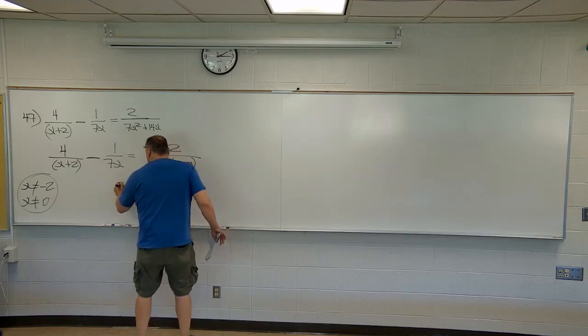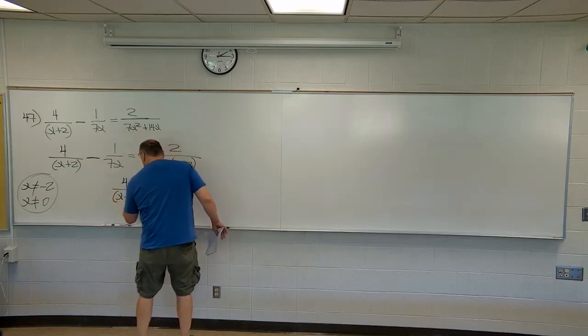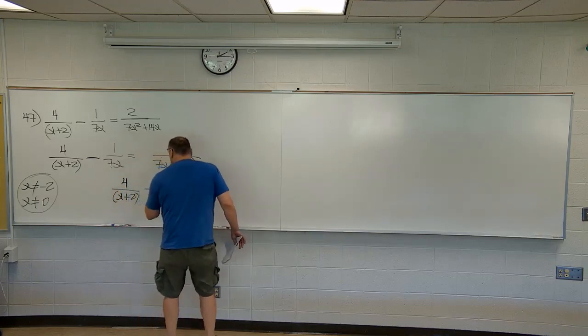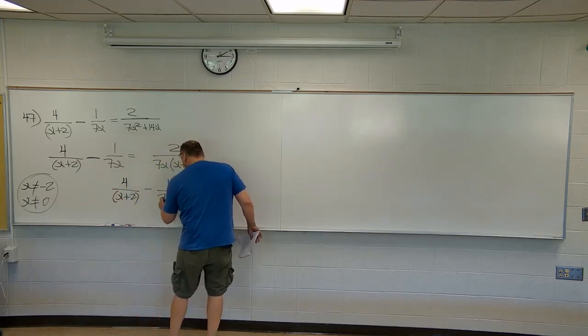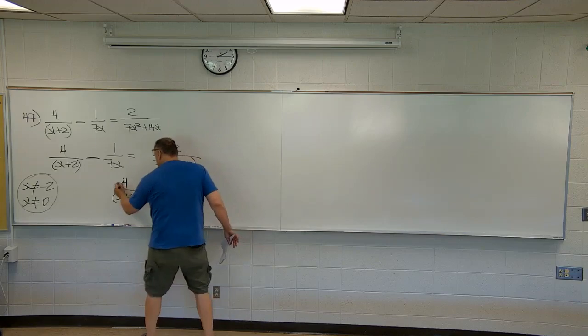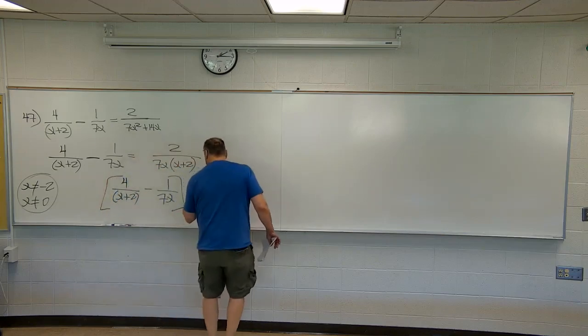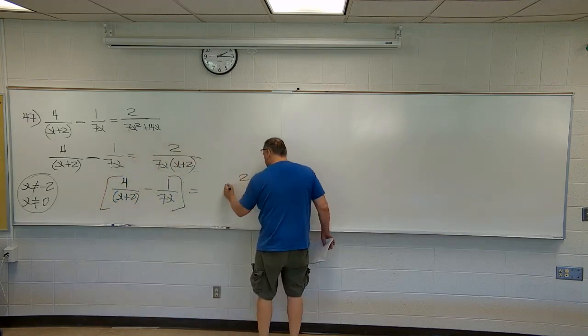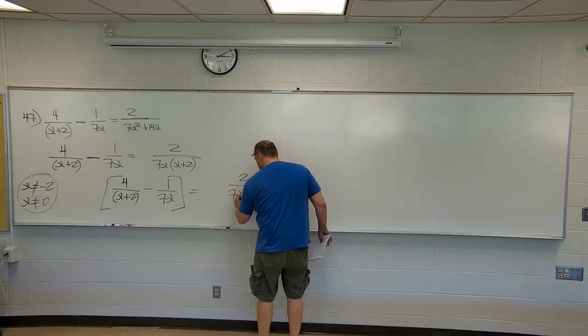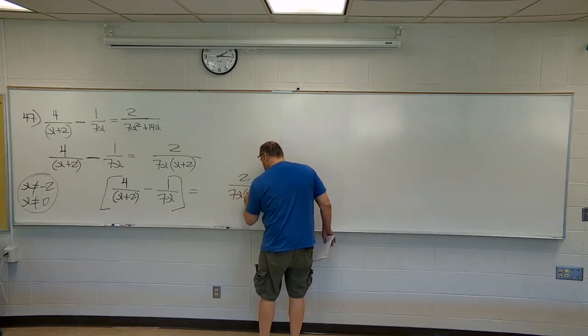If you go 4 over x plus 2 minus 1 over 7x, equals 2 over 7x, x plus 2.